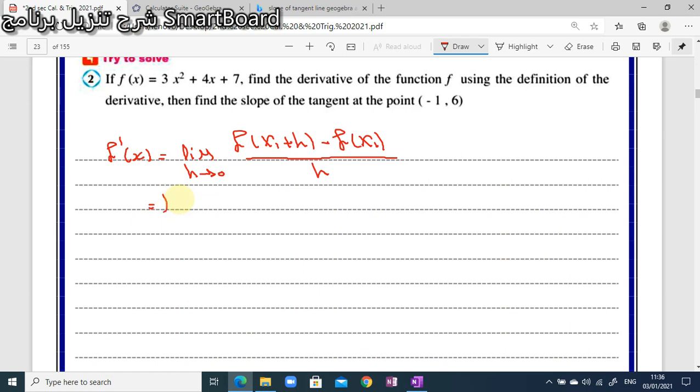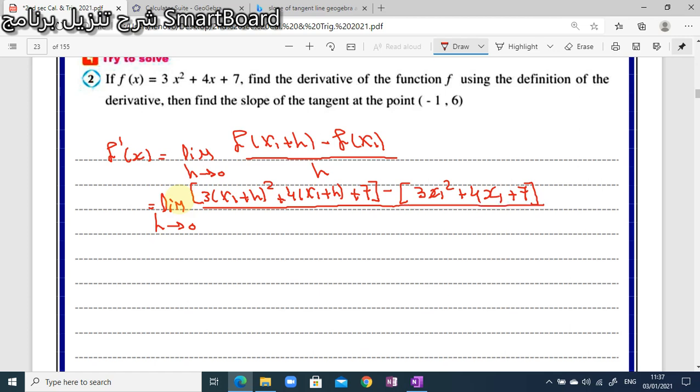So it will be the limit as h approaches 0, where f of x1 plus h equals 3(x1 plus h) power 2 plus 4 times (x1 plus h) plus 7, all minus (3x1 power 2 plus 4x1 plus 7), all over h.